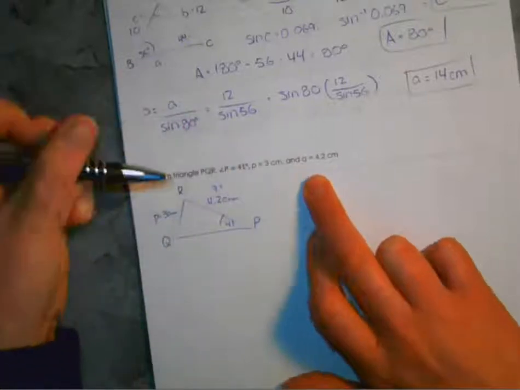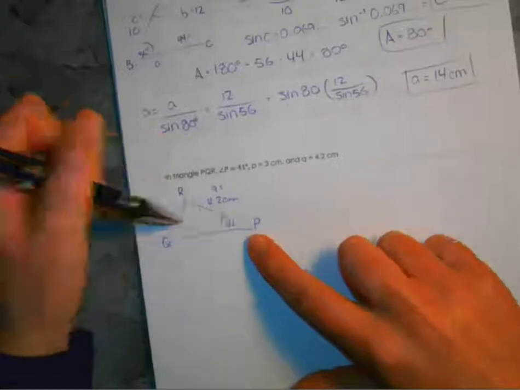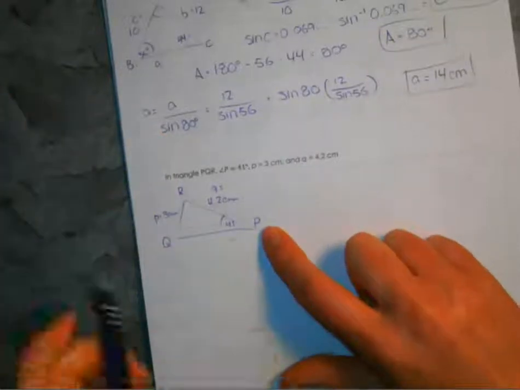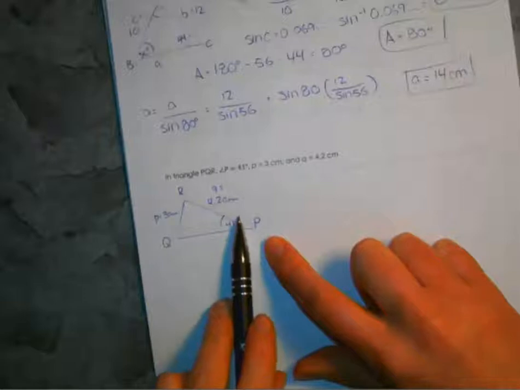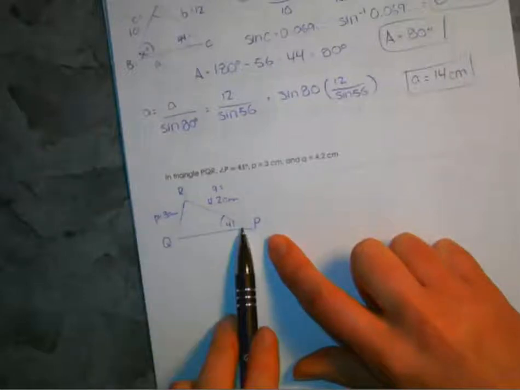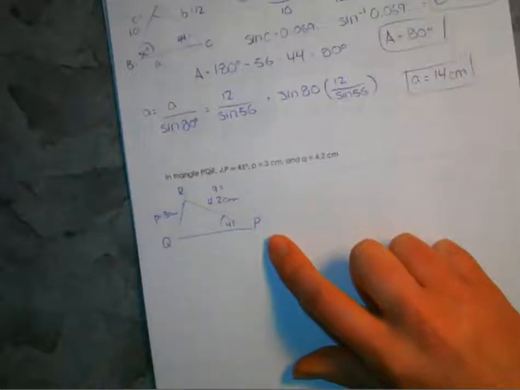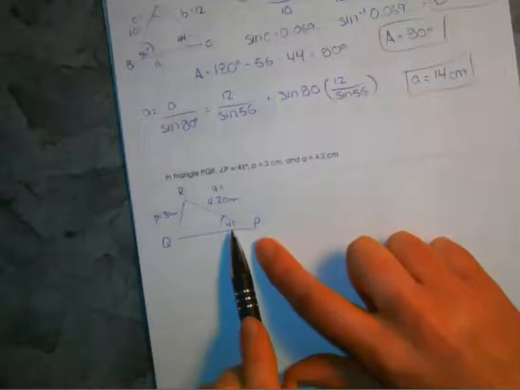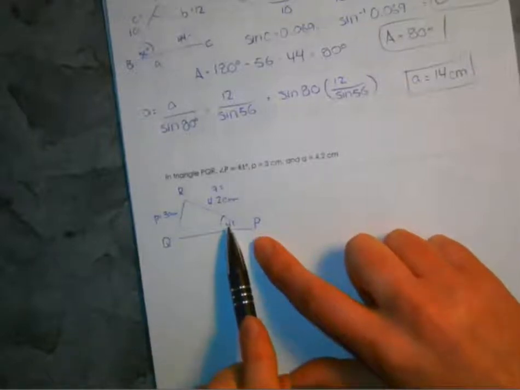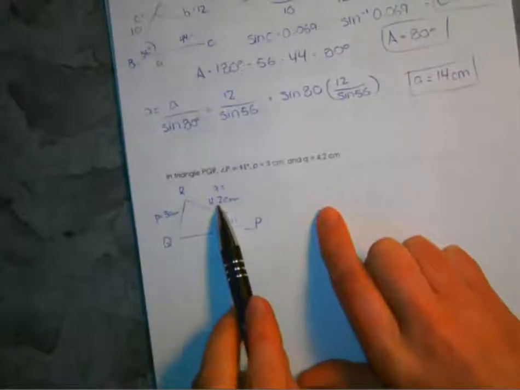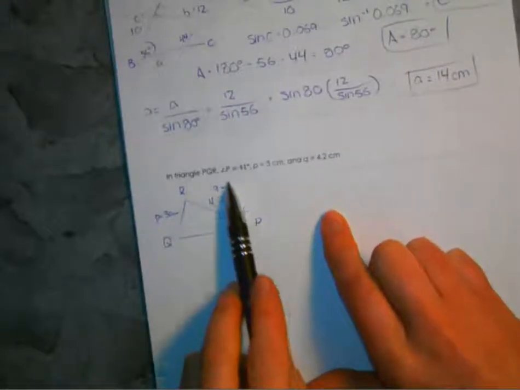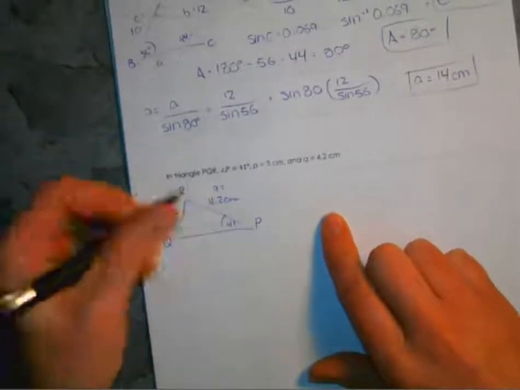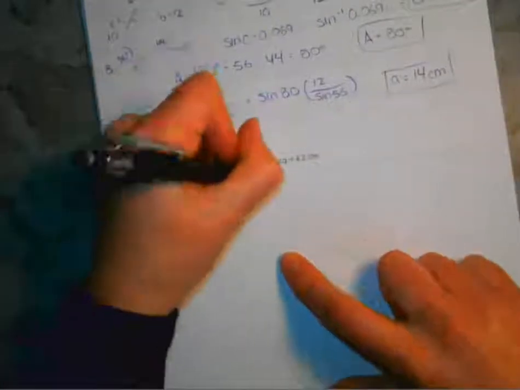Okay, so the sine law components we have that contain everything we need, which is an angle and a side, is P. So if we want to start solving this triangle, the next thing that we want to solve for is the component that has one of those two things. So Q, with Q we have the side length but not the angle, so let's solve for angle Q first.